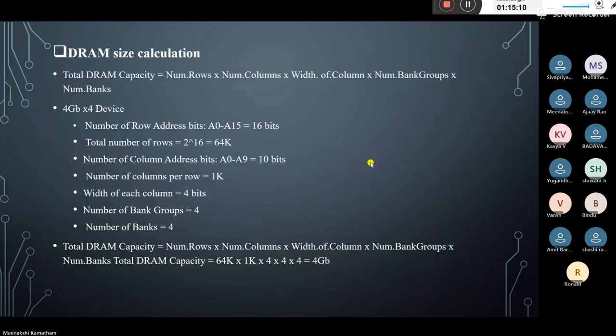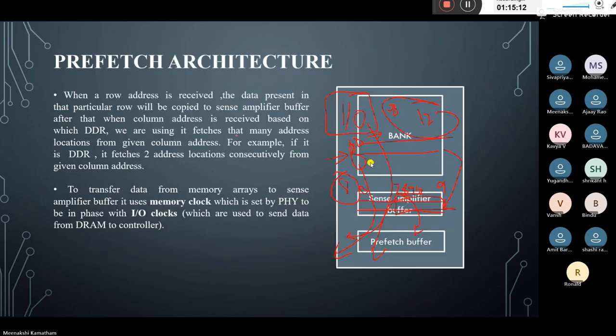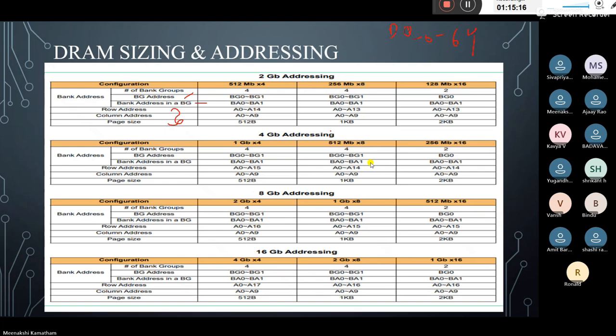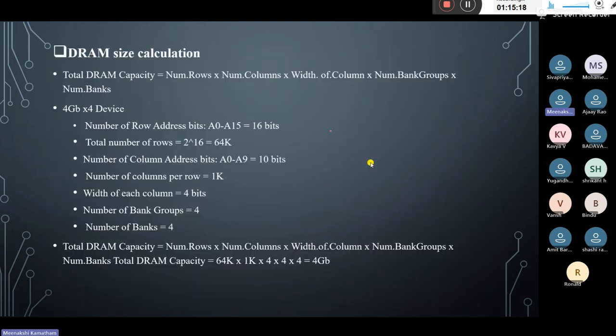See here, how? We are having 512 MB here. 512 MB is 2 power 9, megabit to gigabit is 2 power 29.